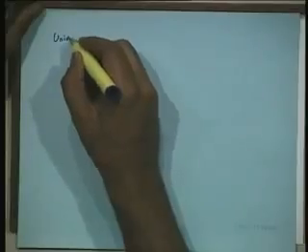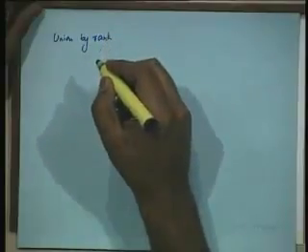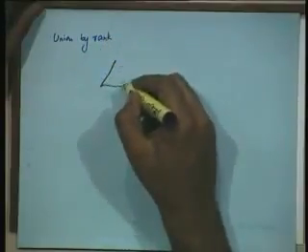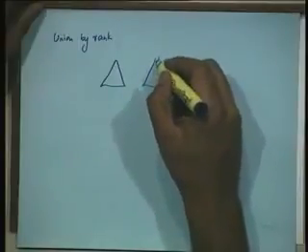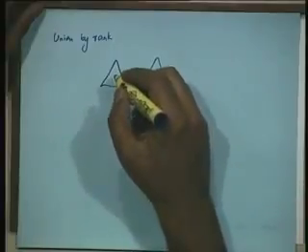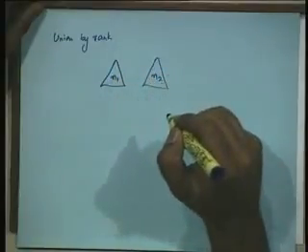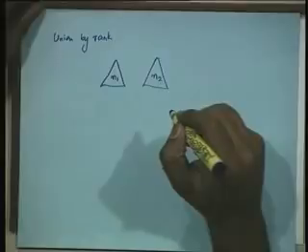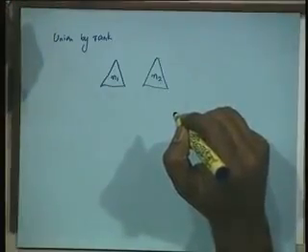I'm going to use a rule called union by rank, in which if I have two trees, and suppose this has n1 nodes in it and this has n2 nodes in it, then I will make the lighter tree point to the heavier one.